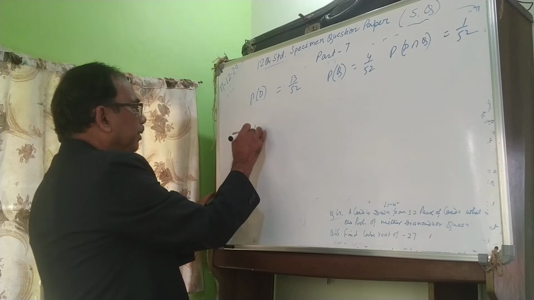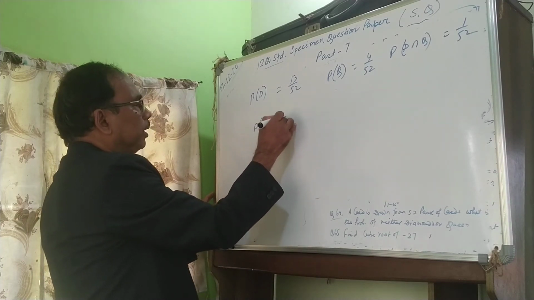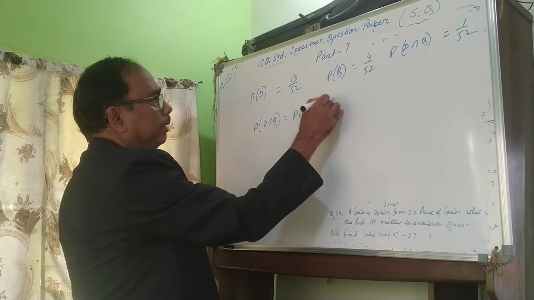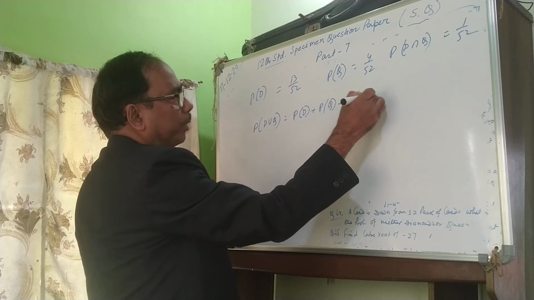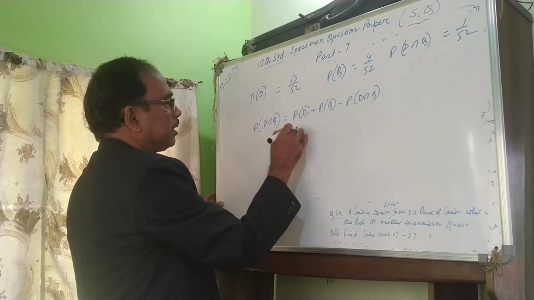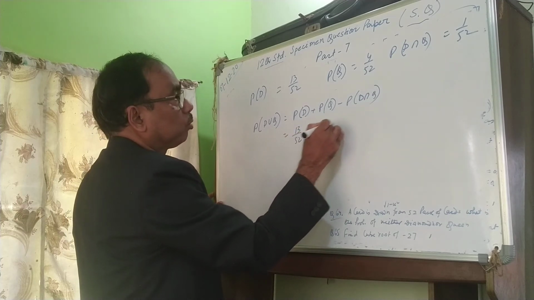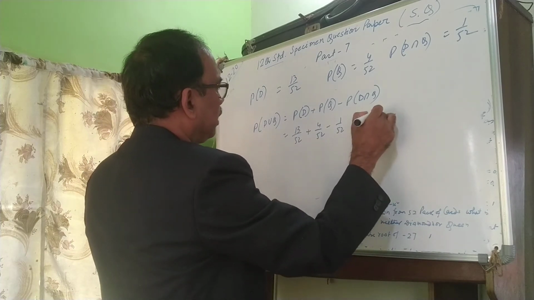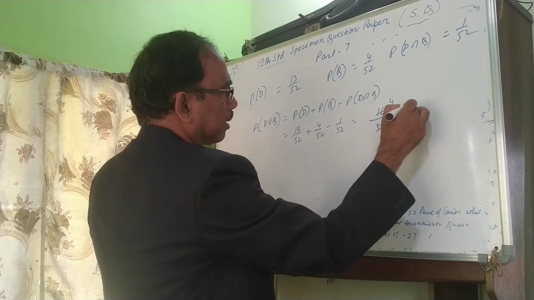Then you have to find P(D ∪ Q) equals P(D) plus P(Q) minus P(D ∩ Q). That is 13 by 52 plus 4 by 52 minus 1 by 52. That is 16 by 52. 4 fours are 16, 4 thirteens are 52.